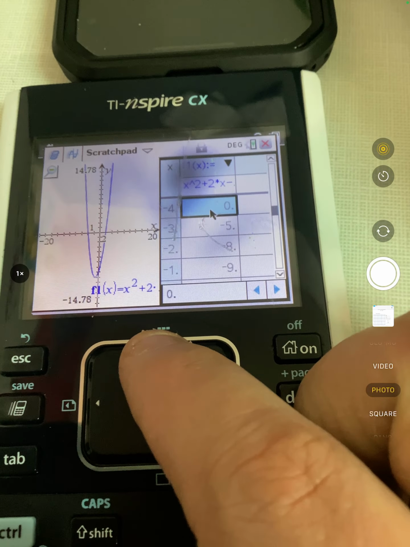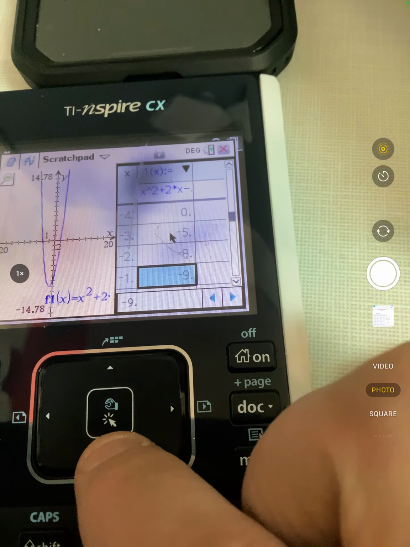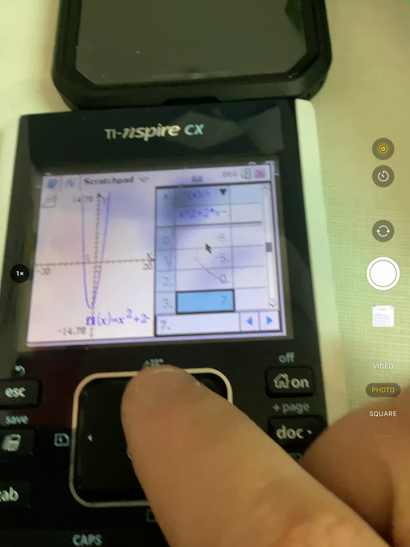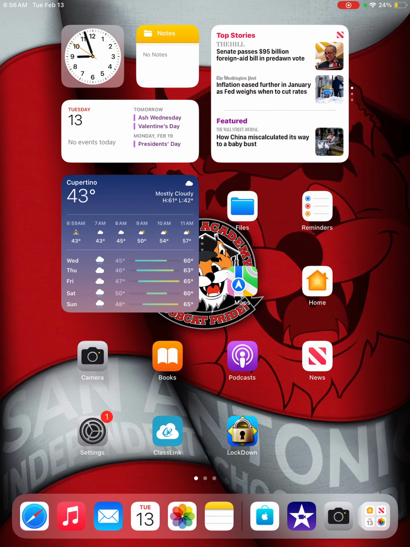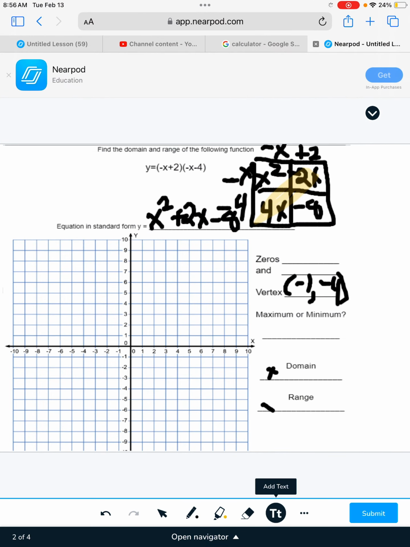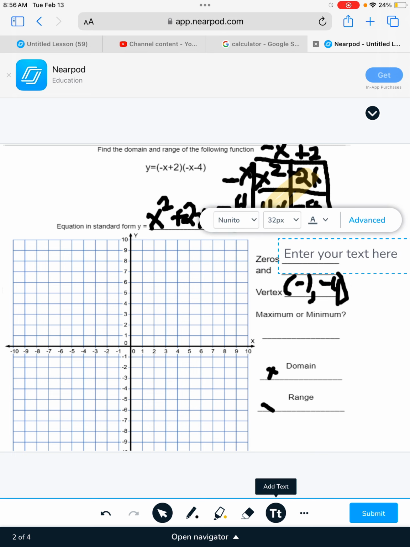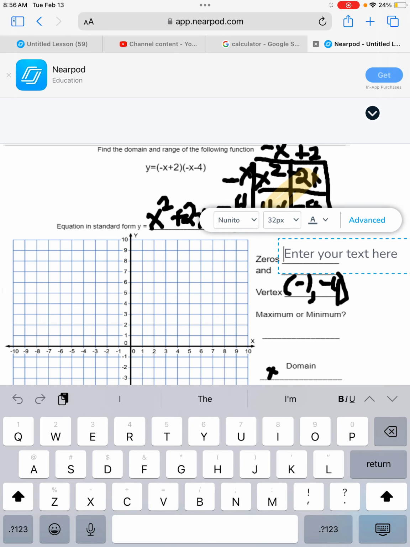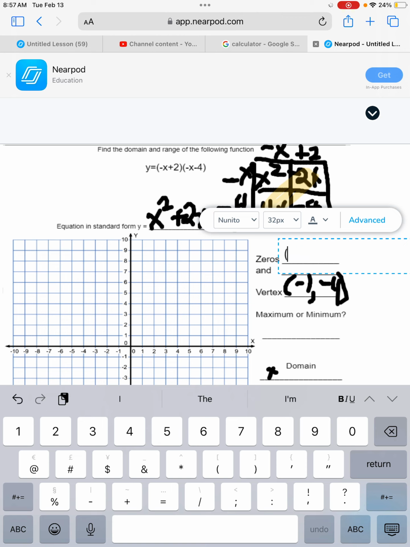It's going to be at -4, 0, and at 2, 0. Those are my zeros. So I write in those zeros, again using parentheses: (-4, 0) and (2, 0). Those are my 2 zeros.